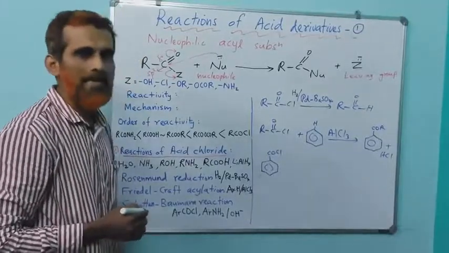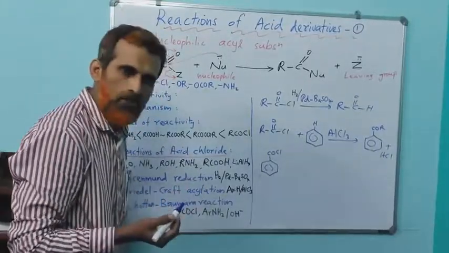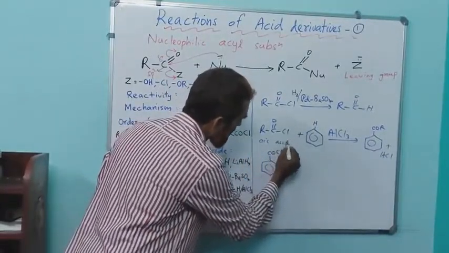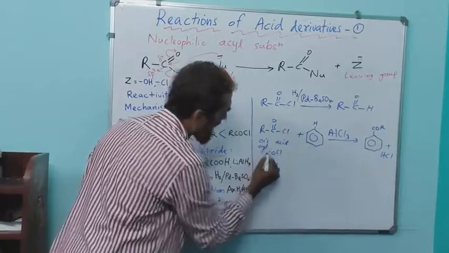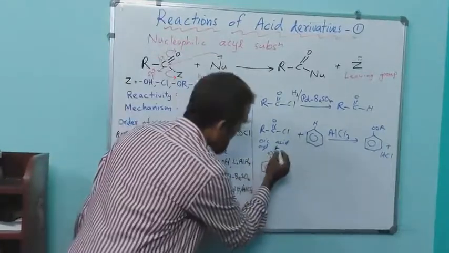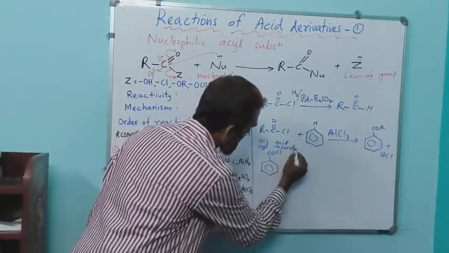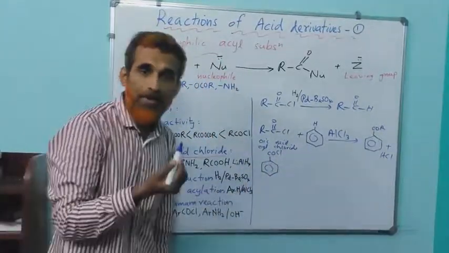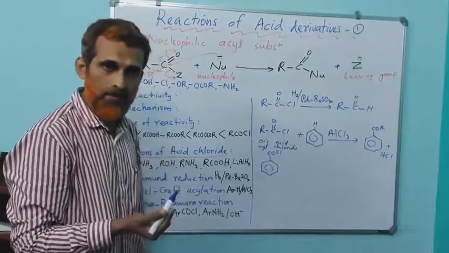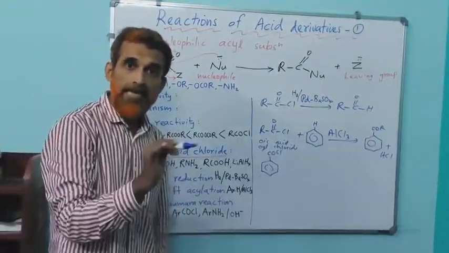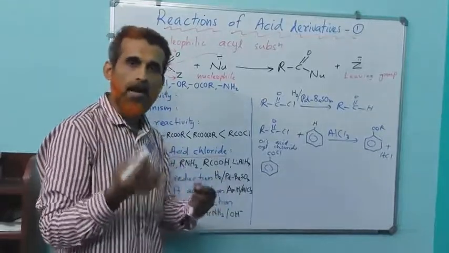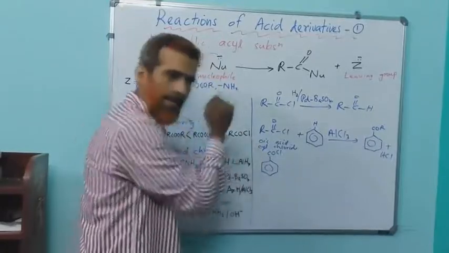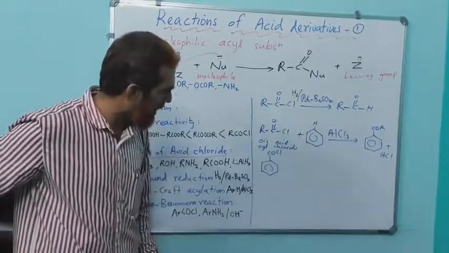See, in naming acid chloride, the IUPAC method is, instead of 'oic acid', you replace this by 'oyl chloride'. So benzoic acid is named here benzoyl chloride. Ethanoic acid will be ethanoyl chloride. But the common name, acetic acid, will be acetyl chloride. Here there is 'oyl', that's the difference. So it is benzoyl chloride.